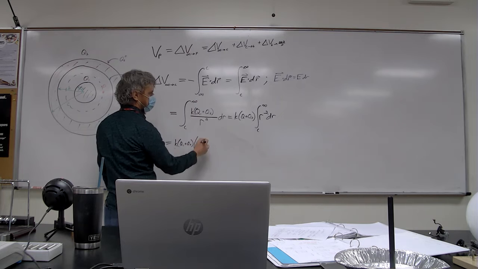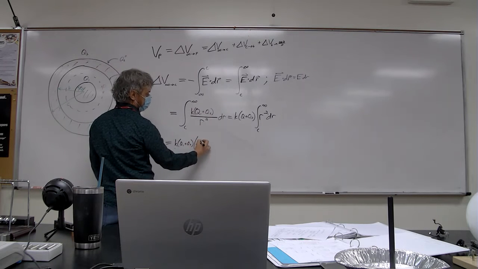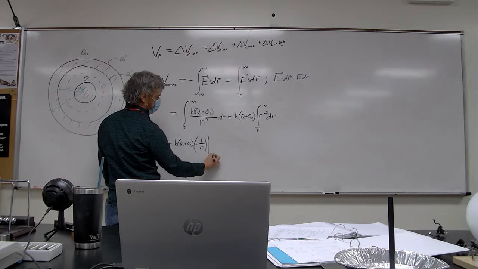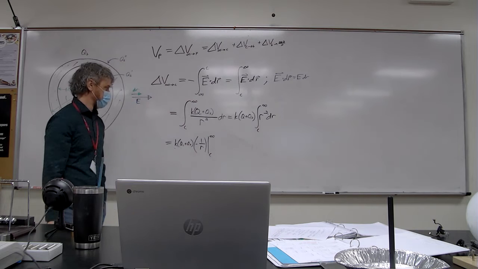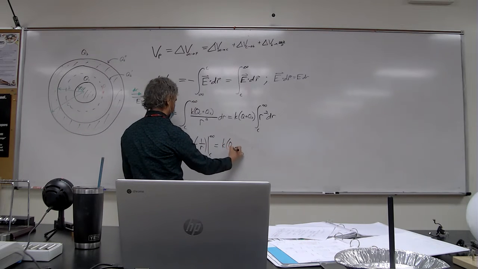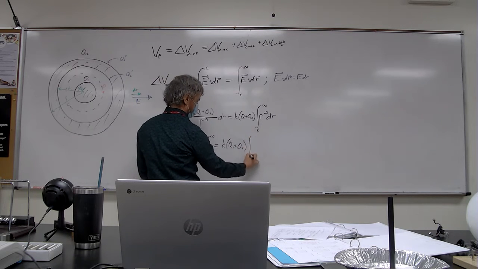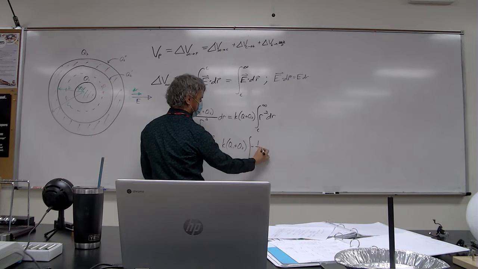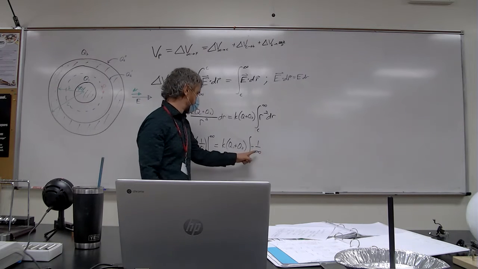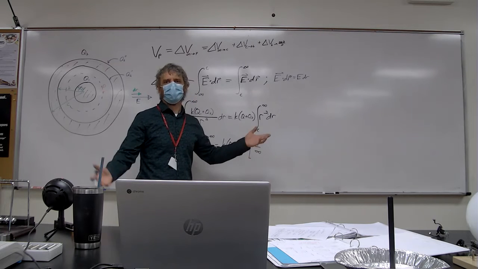times, what's the integral of r to the negative 2? Negative r to the negative 1, or negative 1 over r, evaluated from C to infinity. So that's going to be K times Q1 plus Q2 times negative 1 over, I know you're not supposed to write infinity like it's a number, but we know that as r approaches infinity, this term right here approaches 0.